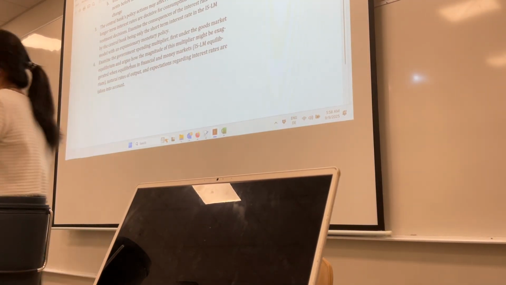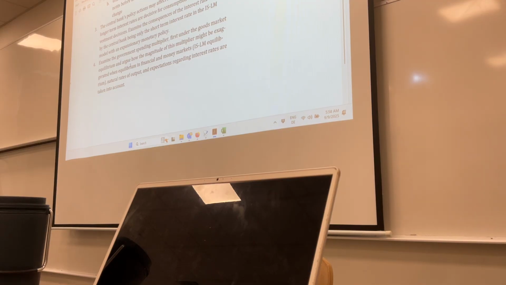Examine the consequences of the interest rate affected by the central bank being only the short-term interest rate in the ISLM model with an expansionary monetary policy.